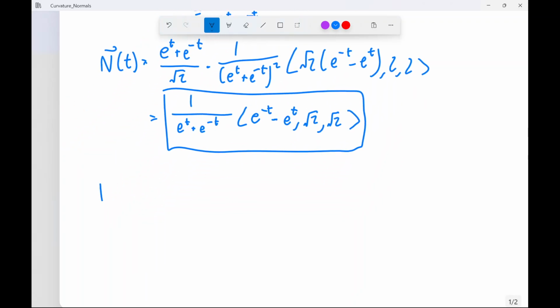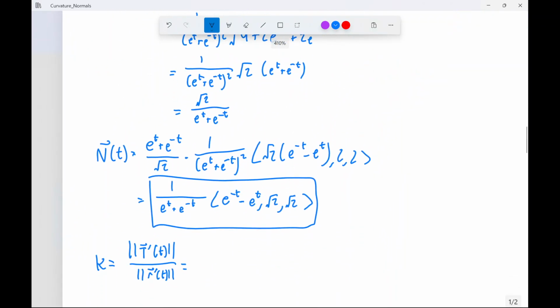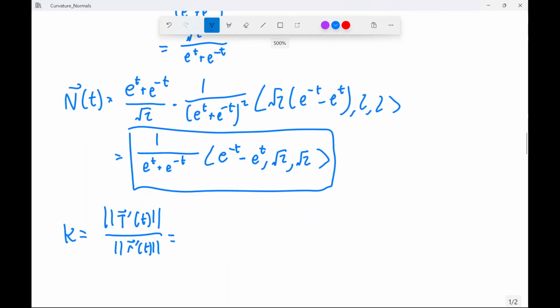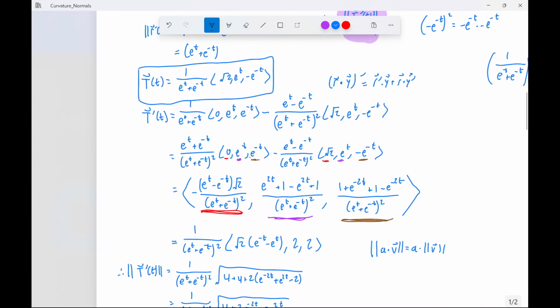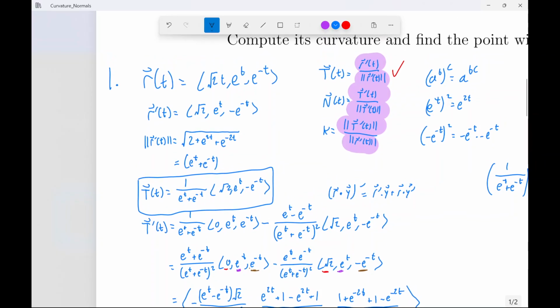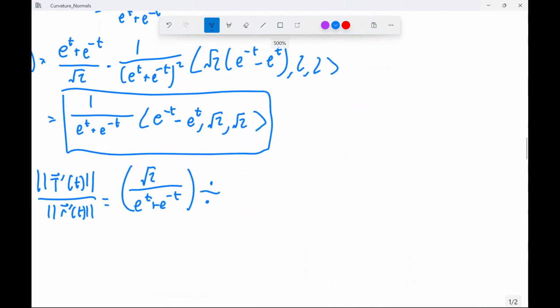And then finally for kappa, that again, remember, is the length of T prime of t divided by the length of r prime of t. The length of T prime of t was root 2 over e to the t plus e to the negative t divided by the length of r prime of t, which was e to the t plus e to the negative t.